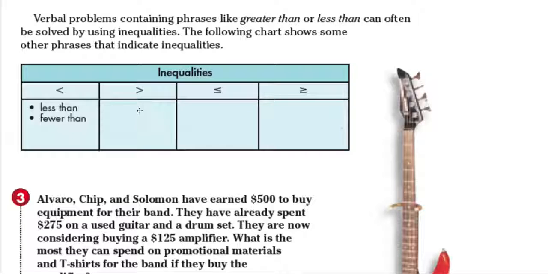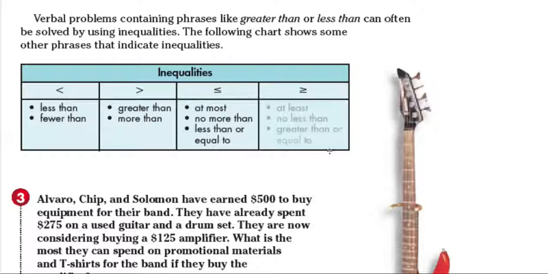The greater than inequality, the phrase greater than or more than. The less than or equal to inequality can be represented by the phrases at most, no more than, less than or equal to. And finally, the greater than or equal to inequality can be represented by the following phrases: at least, no less than, greater than or equal to.